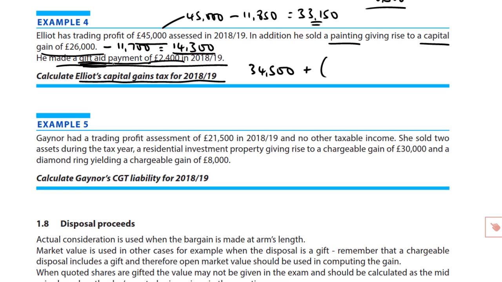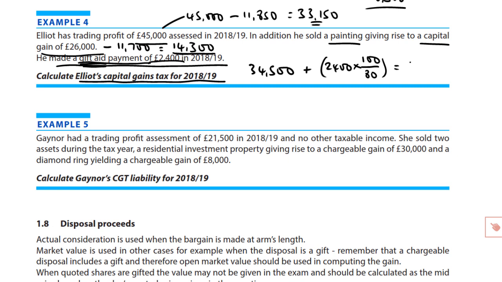So this therefore a gift aid payment of 2,400, but that is the amount paid. It is said to be paid, remember, net of basic rate tax relief given at source. So to get the gross, times 100 over 80. Work that through, 2,400 times 100 over 80, that comes to a nice round £3,000.